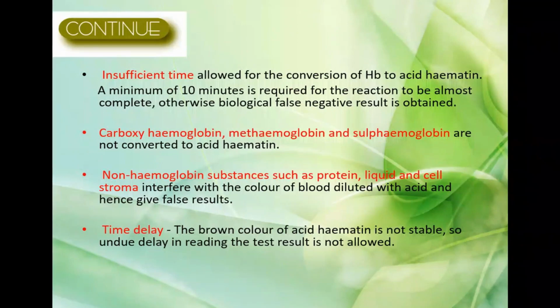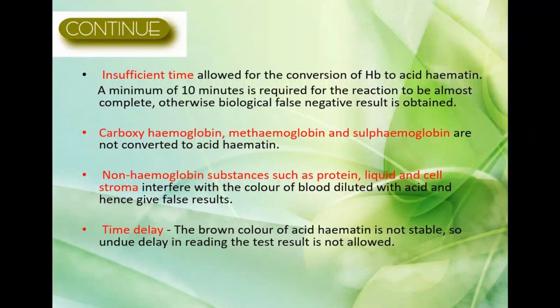Insufficient time allowed for the conversion is also one of the drawbacks, an error. Insufficient time allowed for the conversion of hemoglobin to acid hematin. I already told you that 10 minutes is sufficient to convert about 95% of the hemoglobin into acid hematin, and 20 minutes is required for 98% conversion.